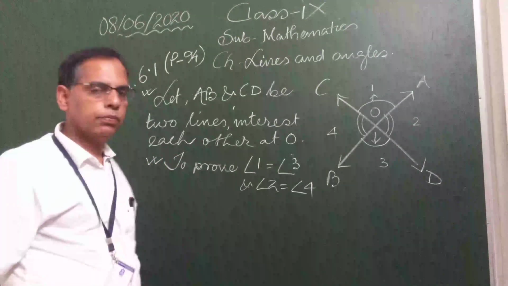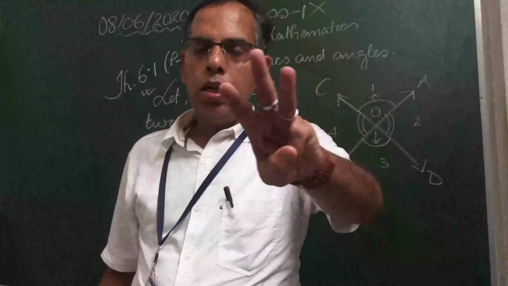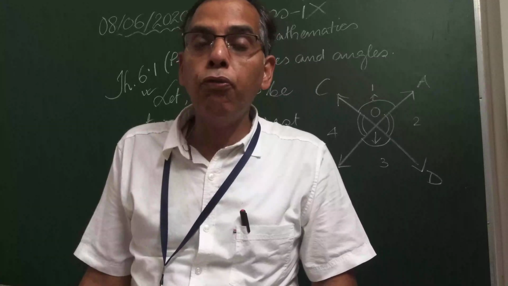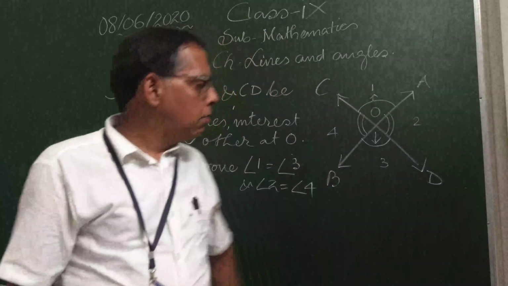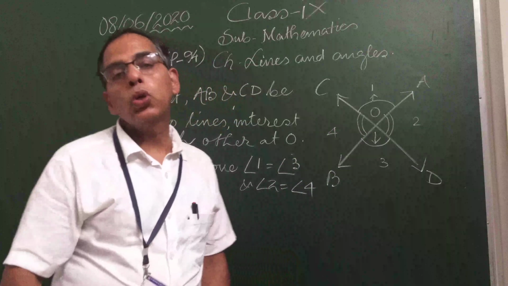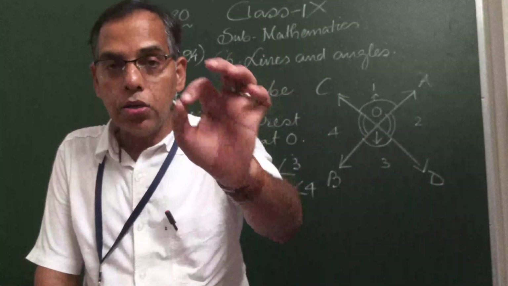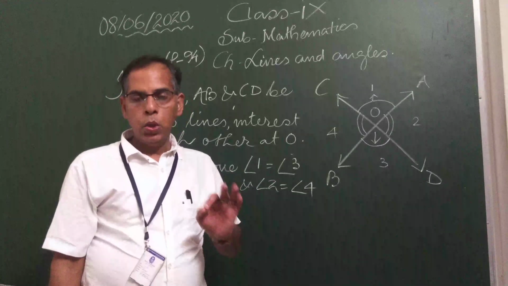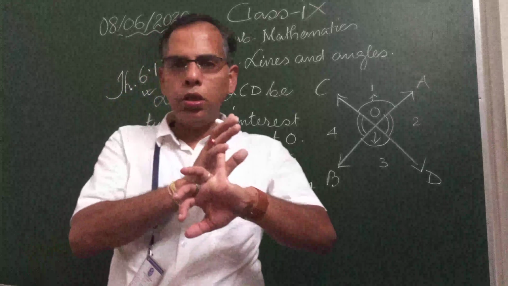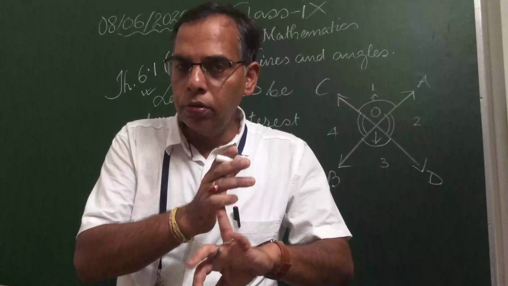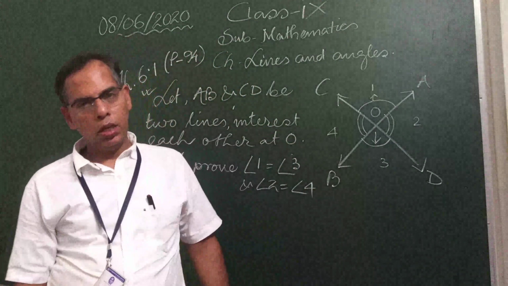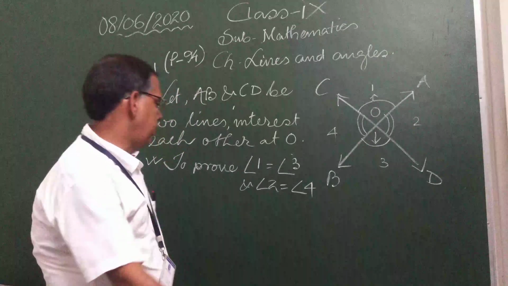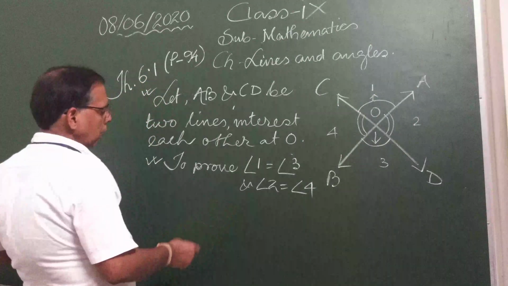Third part is construction, if it is needed for proving the theorem. But as of now, there is no construction. So the construction part is optional. That is not compulsory every time. What is compulsory? Introduction, what you are going to prove, and the main proof. These are the 3 things. This one is not mandatory. Clear? Okay.